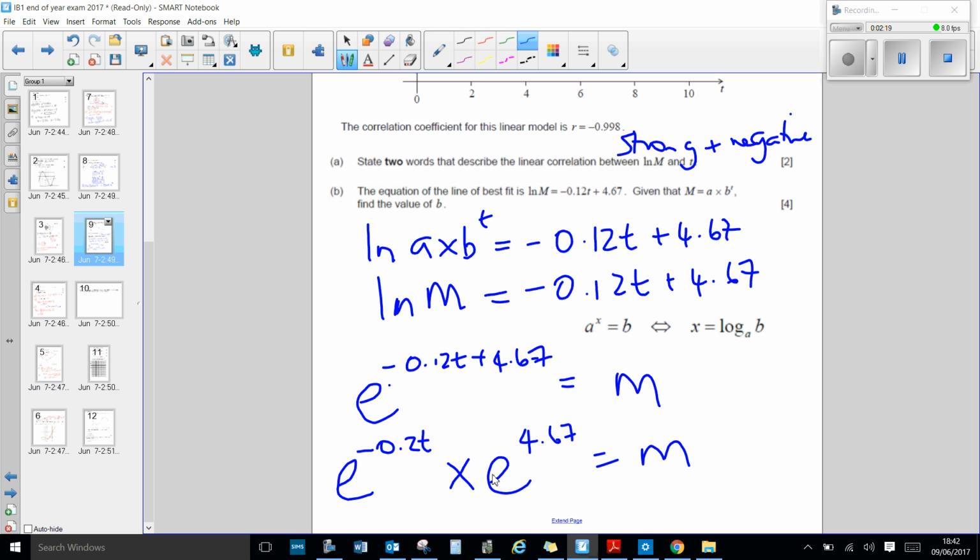Given this here, we've got a multiplied by b to the t. This expression here must be the b to the t.